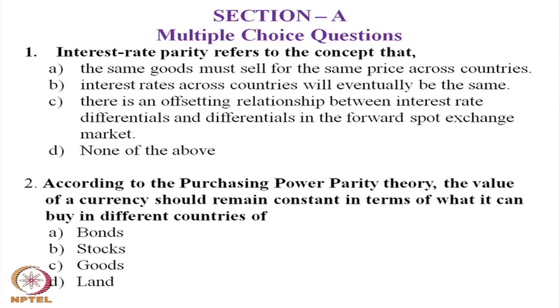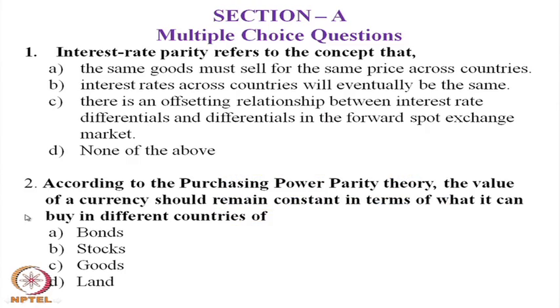That is, the difference between the two countries' interest rates should be equal to the spot minus forward rate. This is the interest rate parity hypothesis we discussed in the earlier session. So, interest rate parity equalizes the interest rate differential with the forward premium. So, the answer will be C.